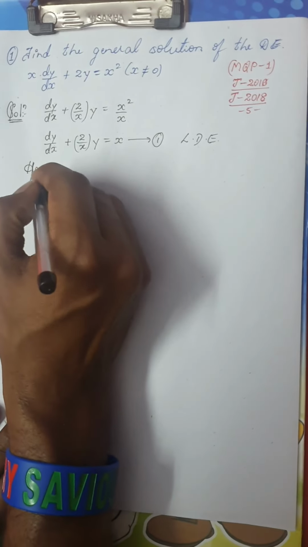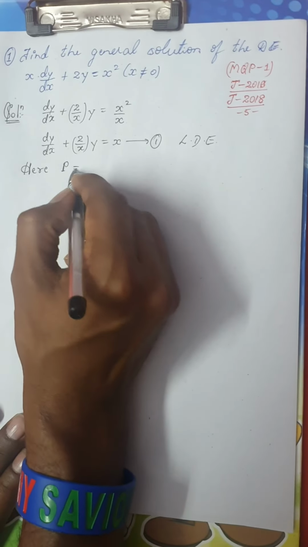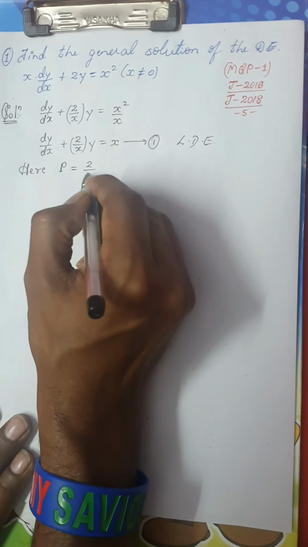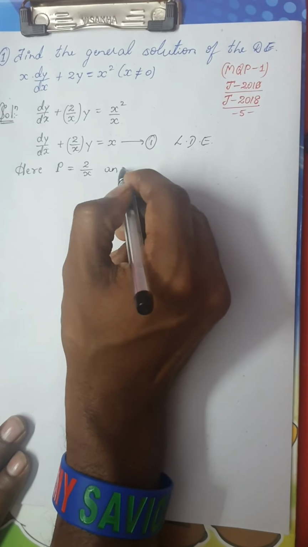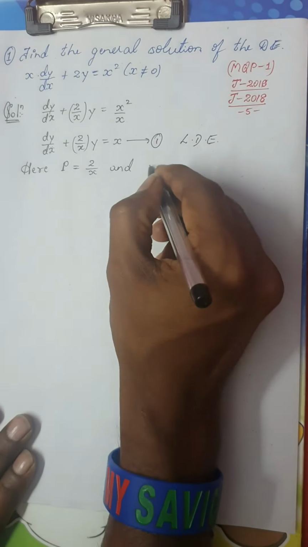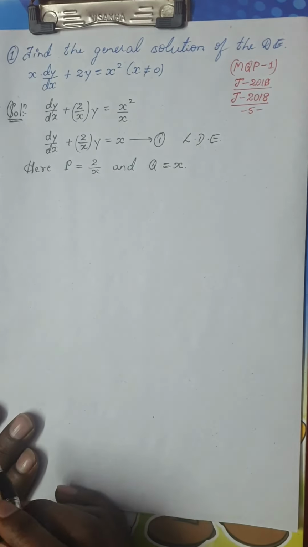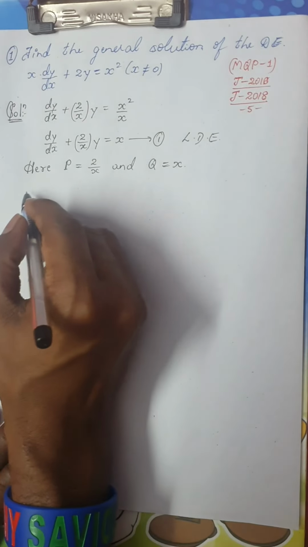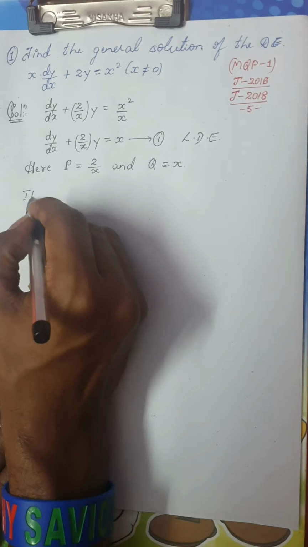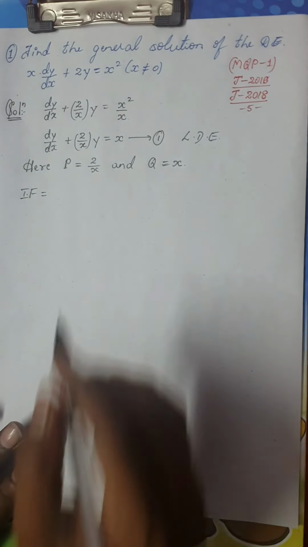Once this is ready, kindly note down what are p and q. Here p is nothing but 2 divided by x, and q is simply x, isn't it? The value of q is x. Once this is ready, we are going to find out the integrating factor. How do you find out the integrating factor?